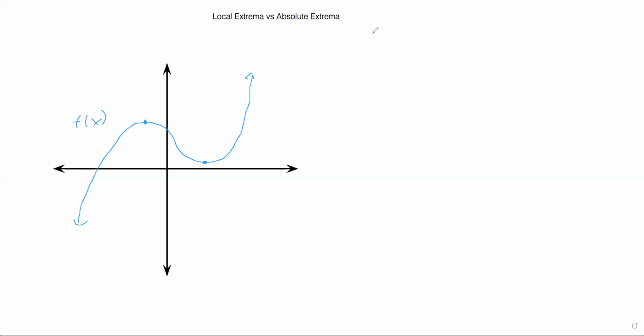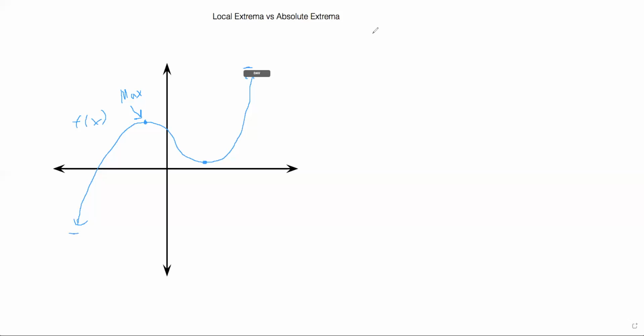Local extrema are like the extreme points of the graph. In this graph right here, we would have a local maximum right here. Why is that one local, not global? The reason is that our function continues to decrease and increase indefinitely over here and over here.